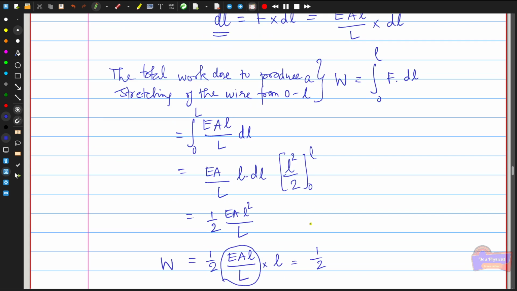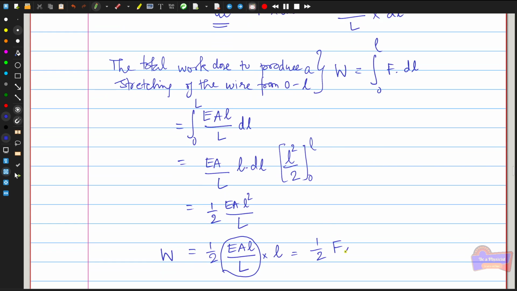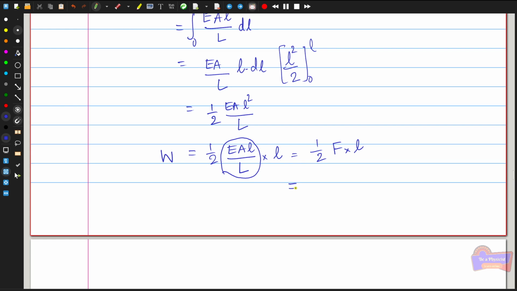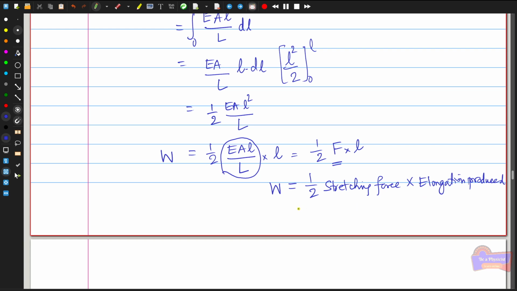So I can write this as half into F into l, so that the total work done W is equal to half times the stretching force into the elongation produced.